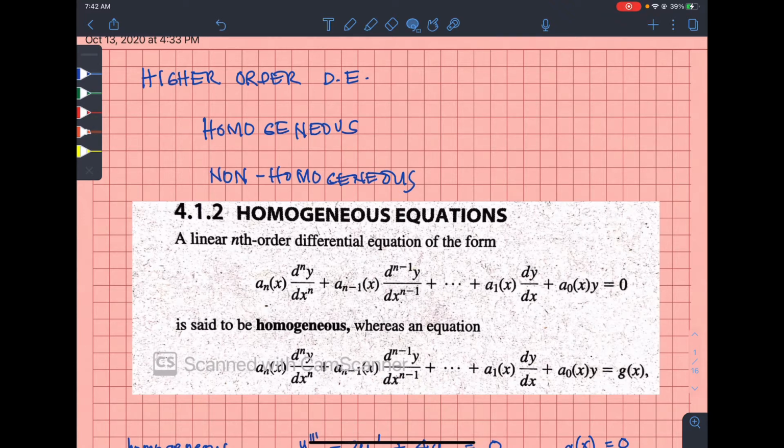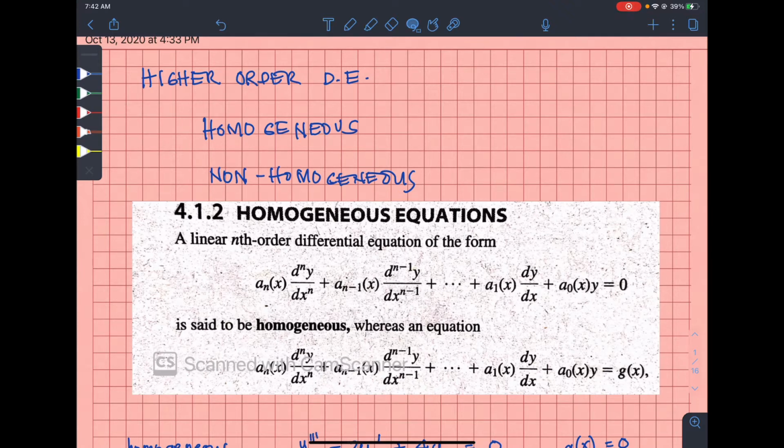If you still recall from our introduction, we mentioned before that the number of solutions of a differential equation corresponds to its order.